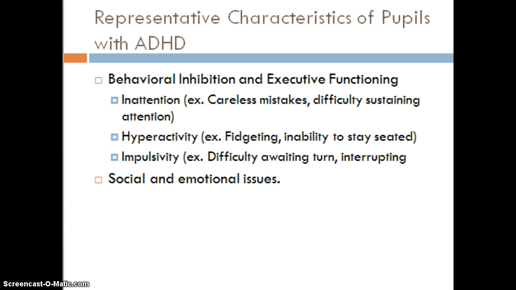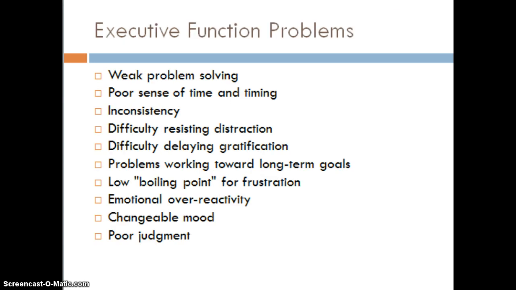Now, along with this could come some social and emotional issues. So, regulating emotions, being able to self regulate and calm yourself to think through problems are the emotional issues, and that plays into social interaction and engagement.